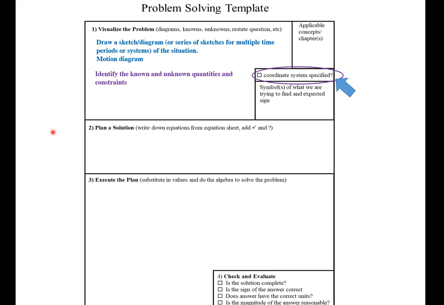For example, let's assume an object or a car starts from rest and moves with a uniform acceleration of, let's assume, 10 meters per second squared for 5 seconds.